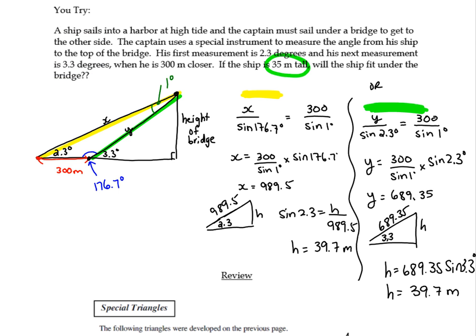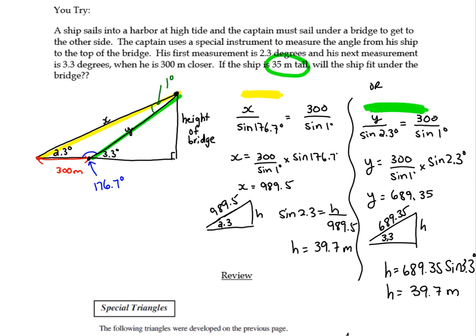So if you solve for this length here, this x, okay, yellow, then you would have done x over sine 176.7 equals 300 over sine 1 degree. And you would have got 989.5. And then from there, I would have to use the big triangle for SOHCAHTOA. So that would be the 2.3 triangle.